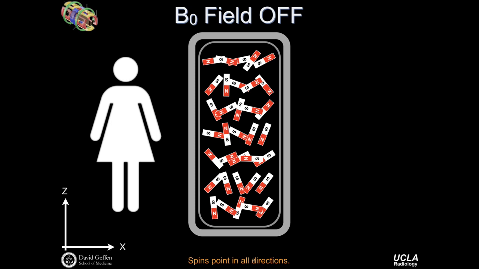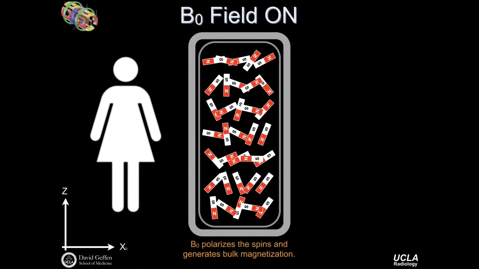So the spins point in all directions. And this diagram here is just meant to represent the scanner bore that a patient may lie in. And we typically associate the long axis of the scanner with the Z axis and the transverse directions with both X and Y. So with no B0 field applied, the spins are going to point in all directions.